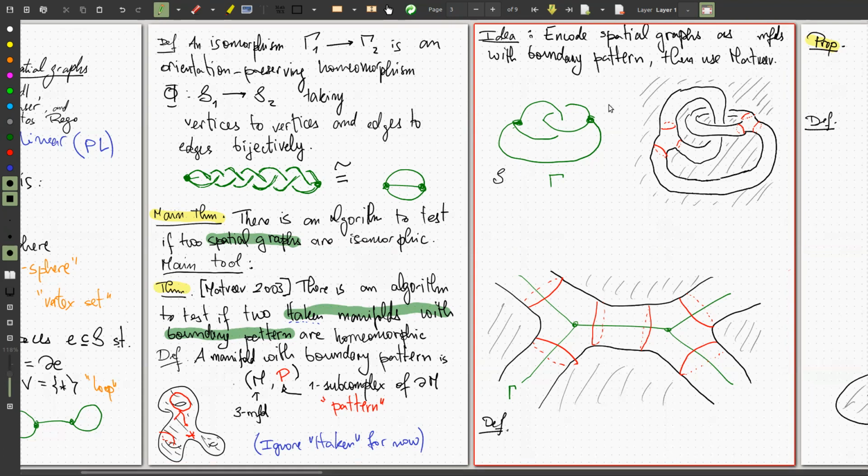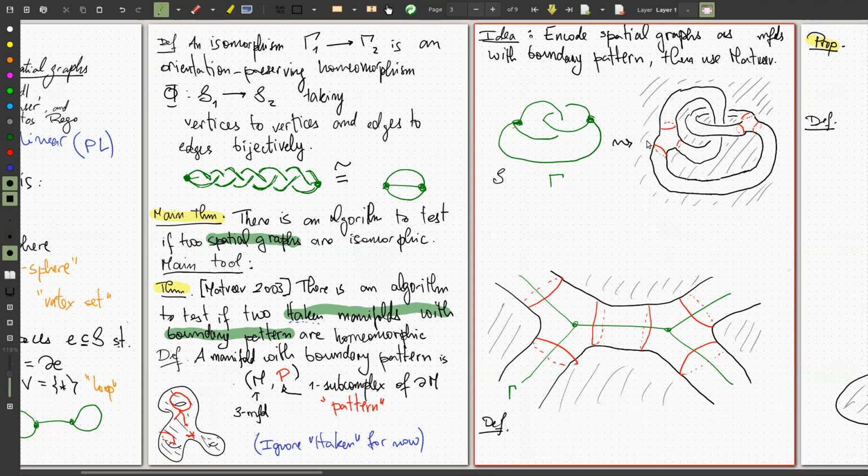And somehow the pictures that I have here already suggest how we are going to go about doing this. It's a somewhat straightforward idea. You see your spatial graph, you take a regular neighborhood, but then you mark the boundary with these red curves that allow you to reconstruct the structure of the graph.